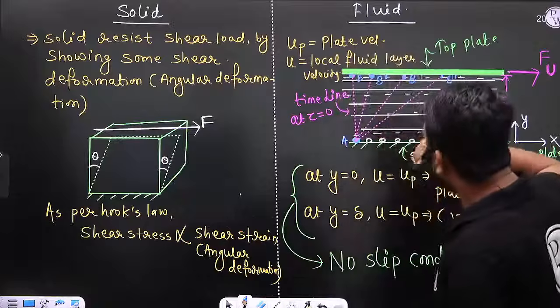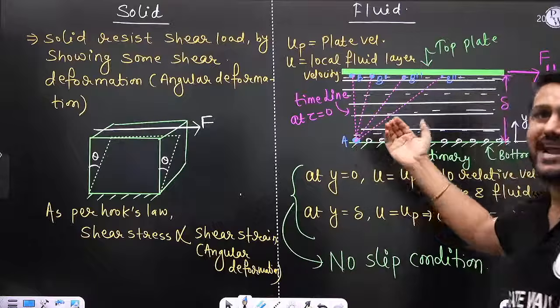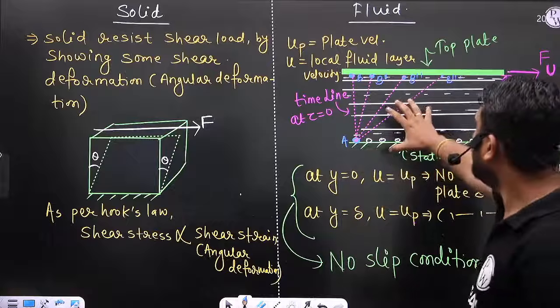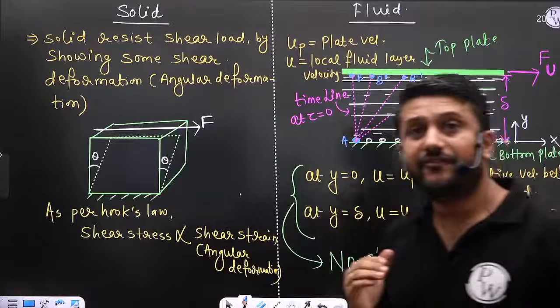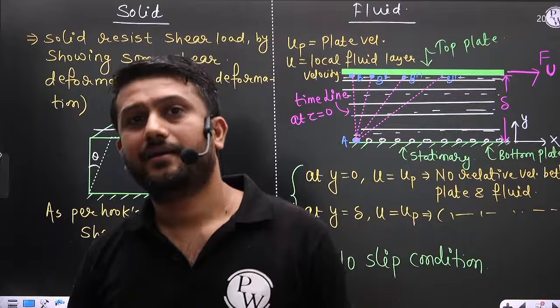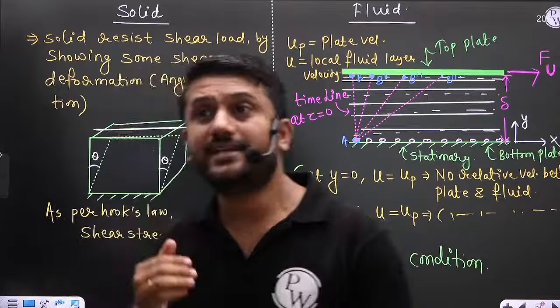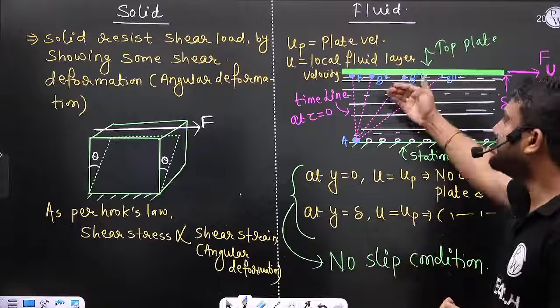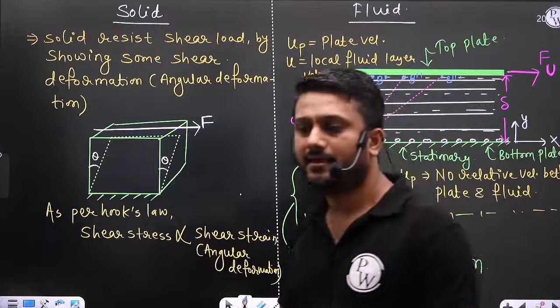When you apply the shear load, please try to understand. When you apply the shear load on a fluid, it will try to resist the shear load by showing some continuous deformation.